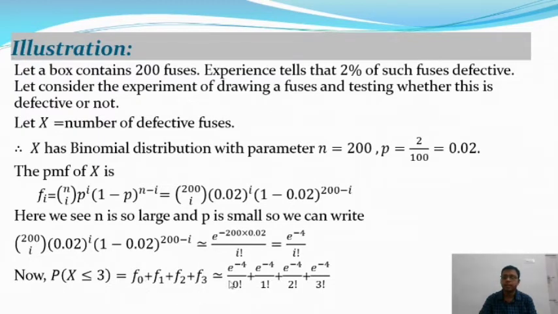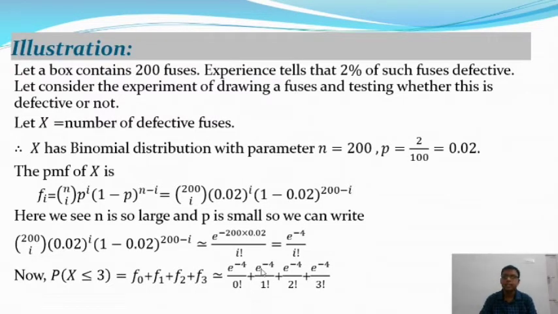From this we get f0 equal to e to the power minus 4 by 0 factorial, approximately, plus e to the power minus 4 by 1 factorial plus e to the power minus 4 by 2 factorial plus e to the power minus 4 by 3 factorial, where e to the power minus 4 is a fixed value, and the rest depends on i. That means when you put i equal to 0, it will be this; i equal to 1, it will be e to the power minus 4 by 1 factorial; i equal to 3, it will be this. So this is the probability of X less than or equal to 3.